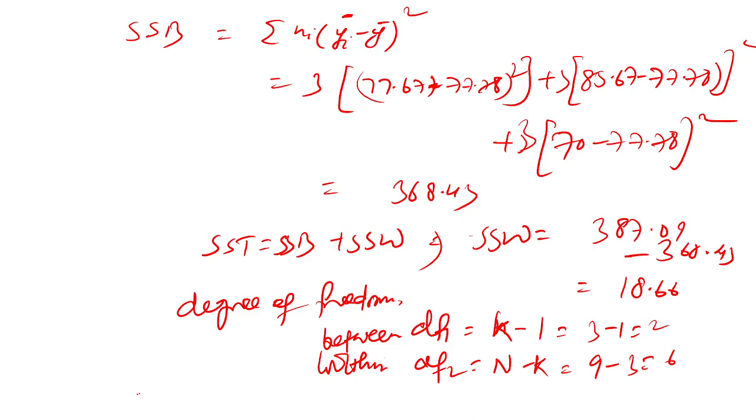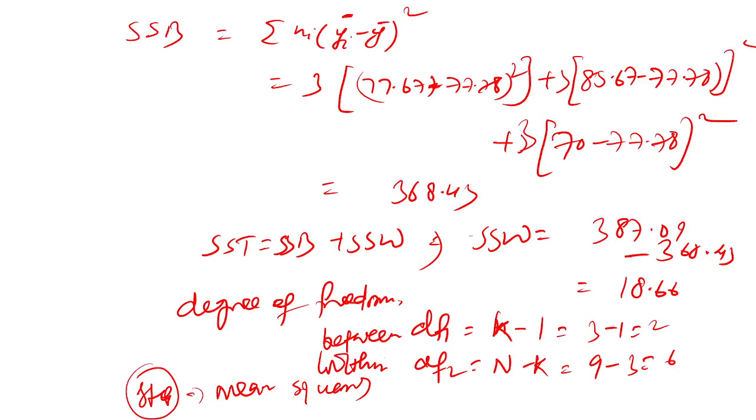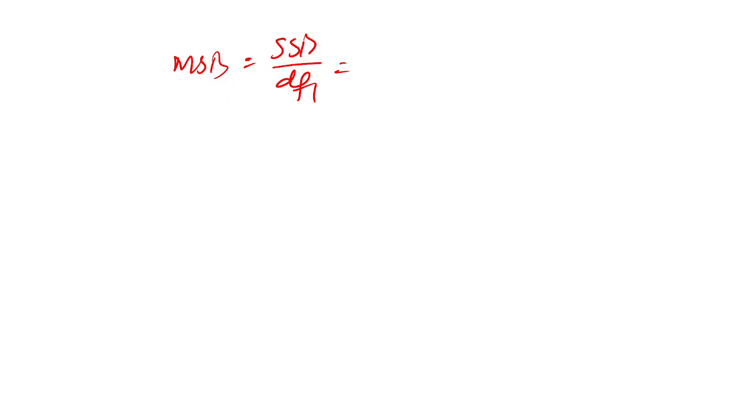Okay. So now the next step is to calculate mean squares. We'll go with the mean square. MSB will become SSB by DF1. SSB, how much do we have? SSB we have 368.43 by 2.